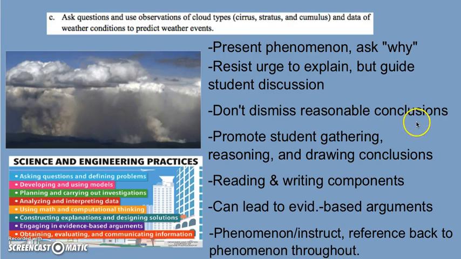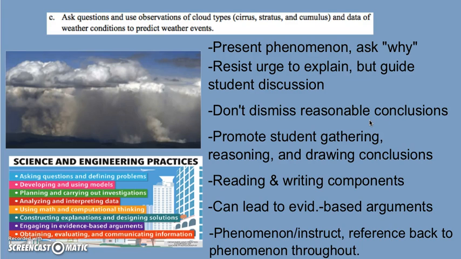Now, as you are discussing this, people are going to come up with some different conclusions. You're not going to get everybody with the same conclusions about why this cloud is going from ground to sky. But don't dismiss reasonable conclusions. If they had good thoughts behind it, and it just happens to not be what scientists think it is, you're still not shooting them down.